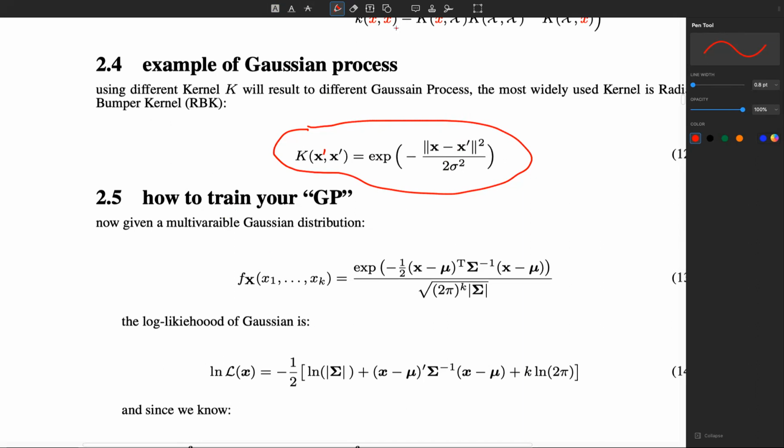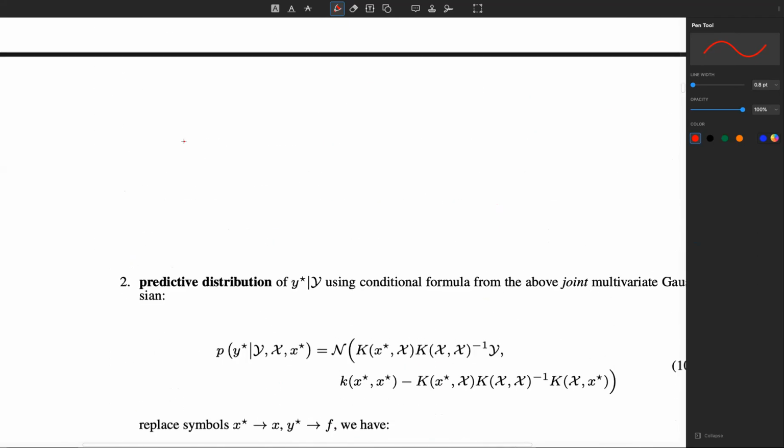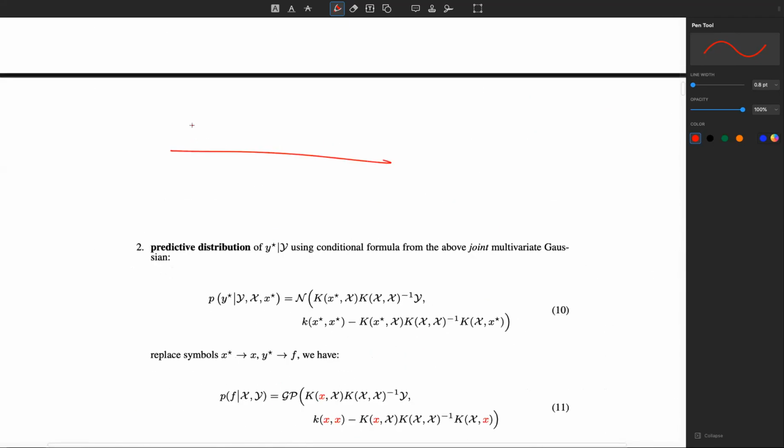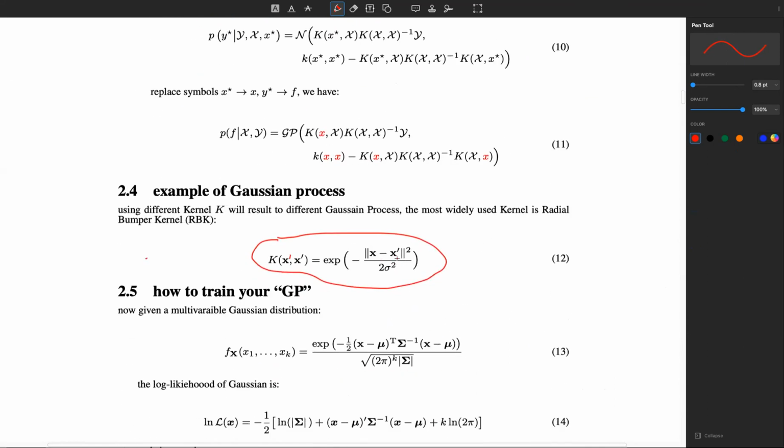That kind of makes sense, right? Remember the covariance matrix. If you have identical distributions, you look at this particular value here, and using the radial bump kernel you're going to get a standard Gaussian, because it's zero mean and sigma squared is 1.